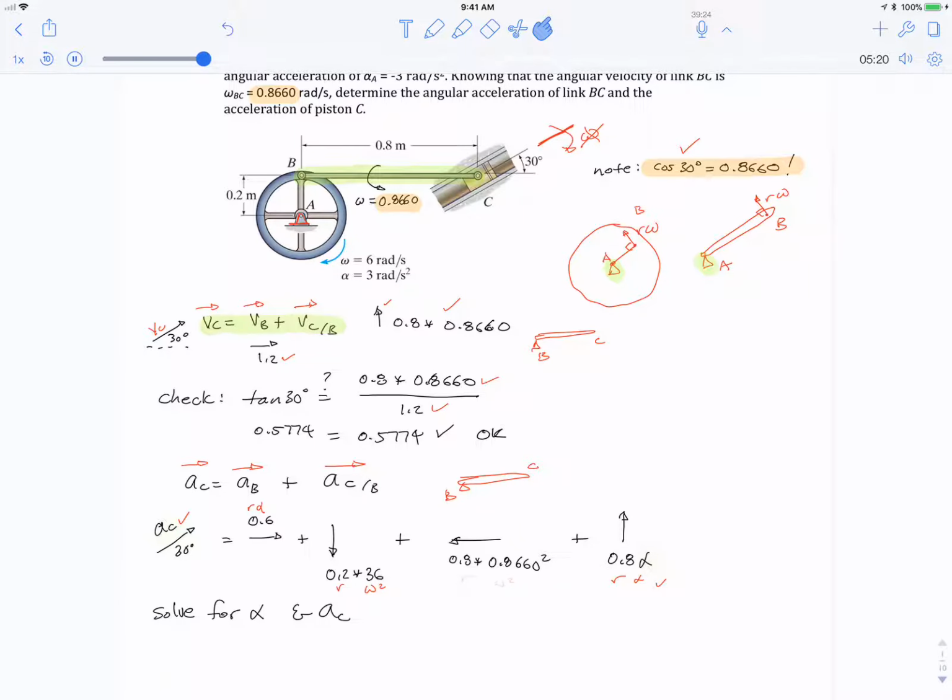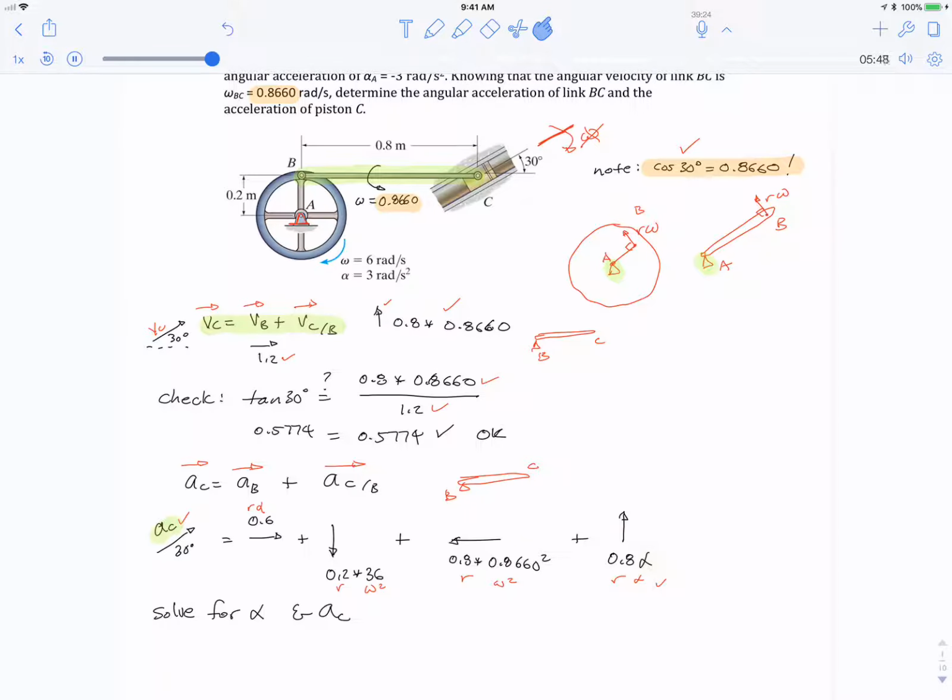And then you also have an R omega squared from C to B. We know that omega is 0.8660, that was given, or we could have solved it, and R is 0.8. So you have two unknowns here: alpha is unknown, and AC is unknown. You can just write out the two equations and solve for AC and alpha.